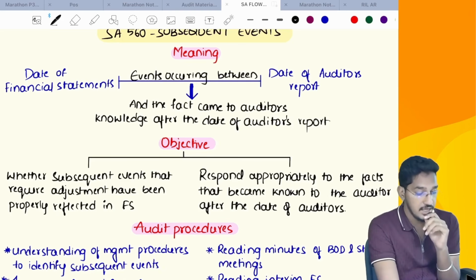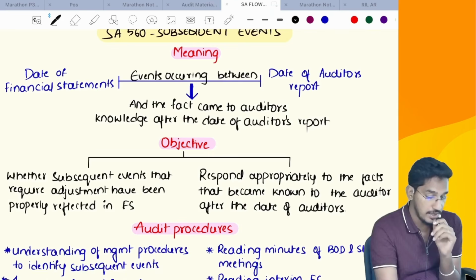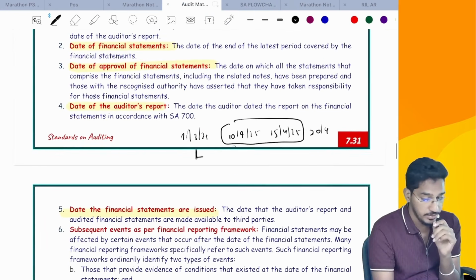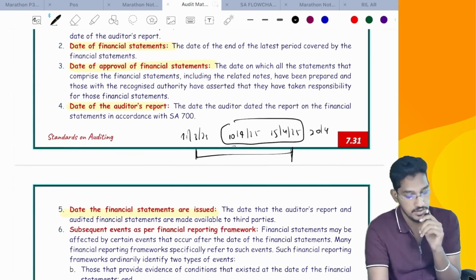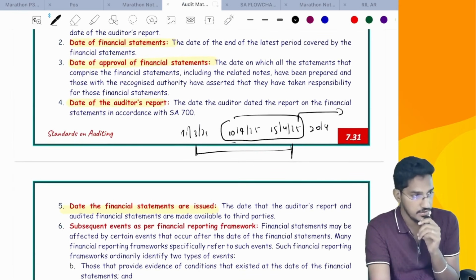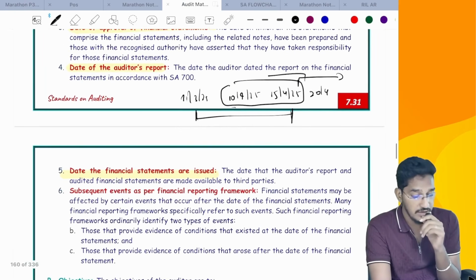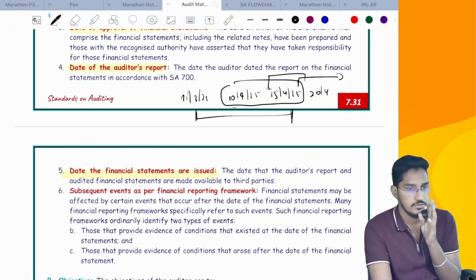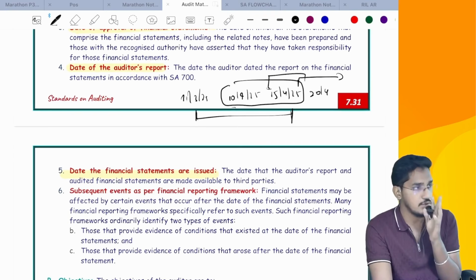See, if you go back to these dates, if some event has taken place between the date of financial statements and the date of auditor's report, and the auditor has known about this event before the date of auditor's report, there is no requirement of a standard. There is no requirement of any guidance. Why?